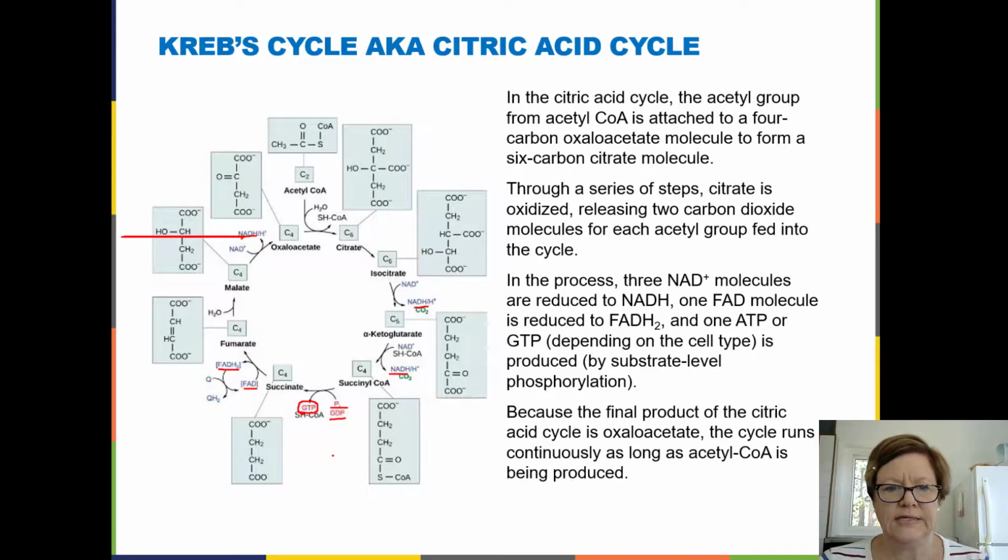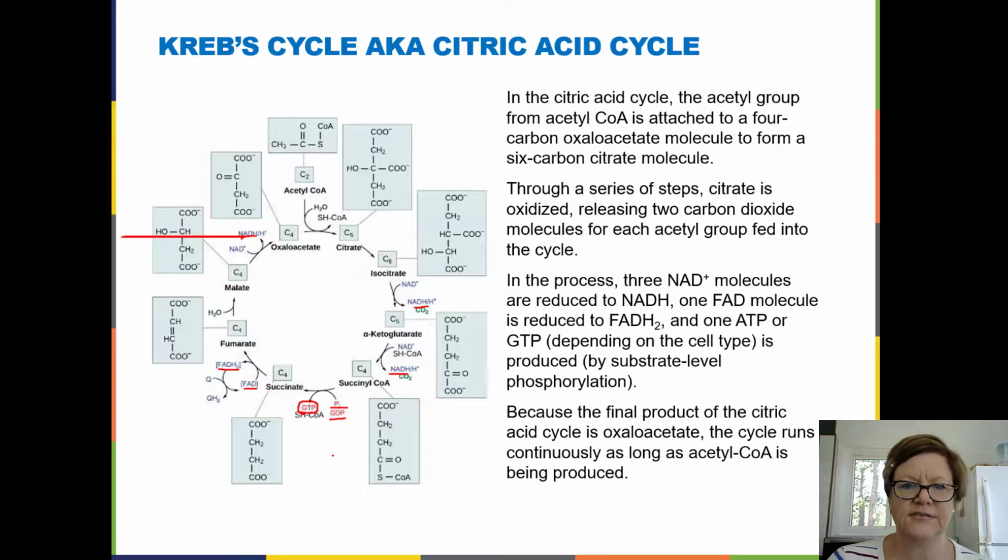GDP is almost exactly the same as ADP, adenosine diphosphate and guanosine diphosphate. Both of them are adenosine and adenine and guanine are both nitrogenous bases. And so GDP plus Pi gives you GTP, just like ADP plus Pi gives you ATP.